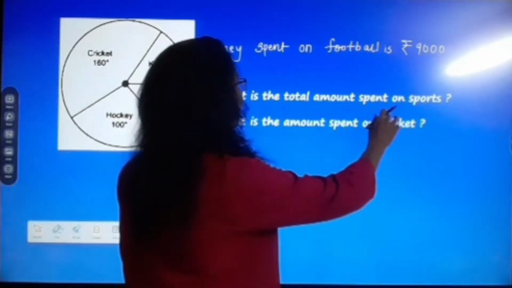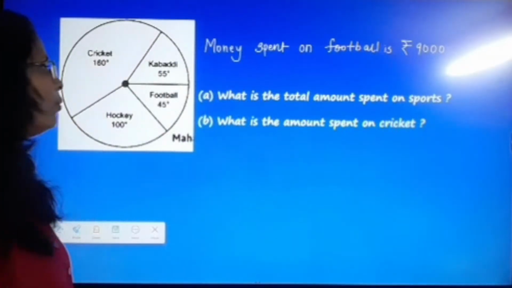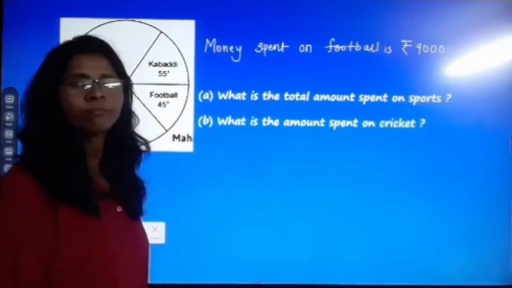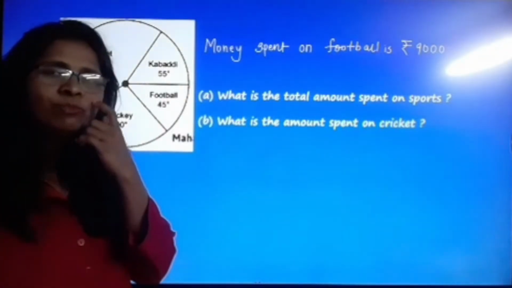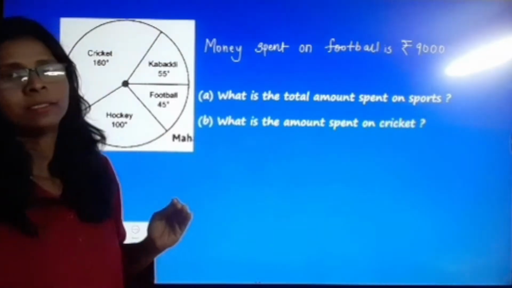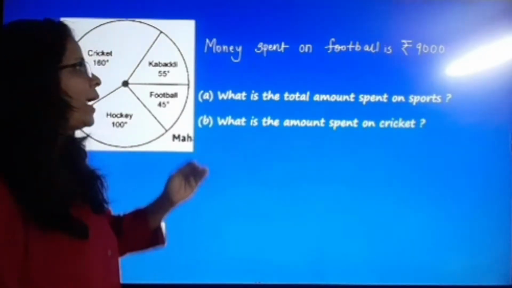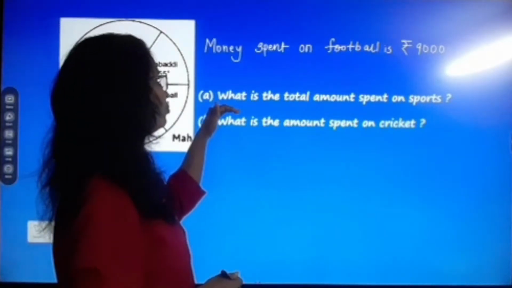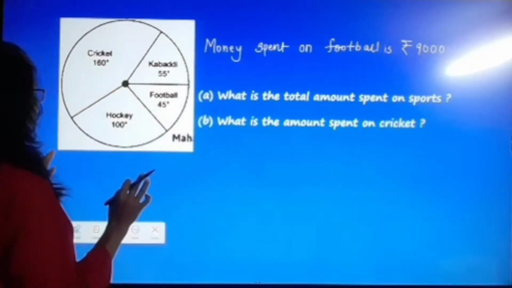What is the total amount spent on sports? Then second, what is the amount spent on cricket? Yes, first we write down, we know that the money spent on football is 9,000. By the given information, we first calculate the total amount spent on sports.